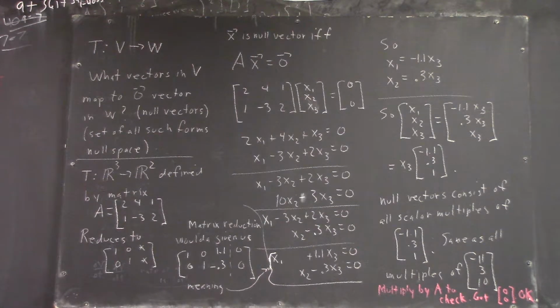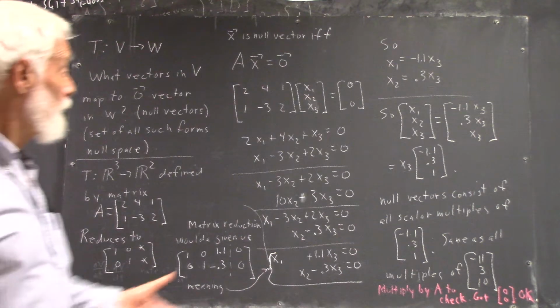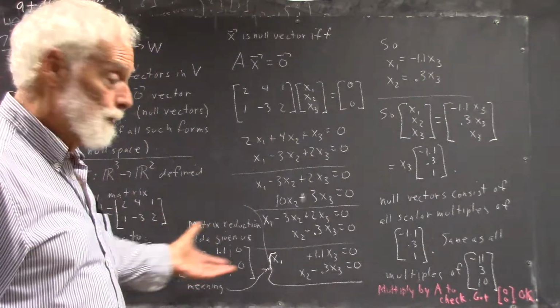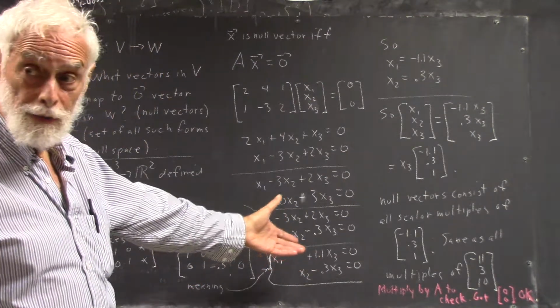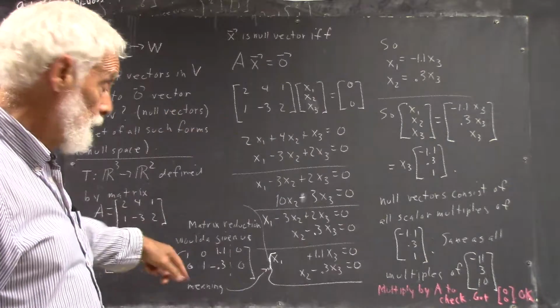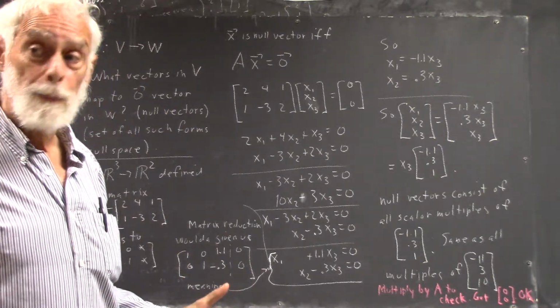Okay? So you always have to remember that the matrix reduction represents a set of simultaneous equations, and you could write it out either way, just the matrix reduction is a little more compact.